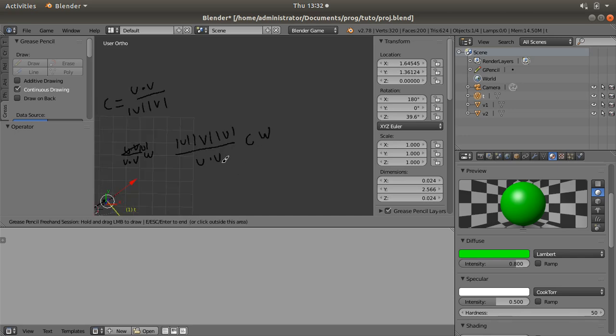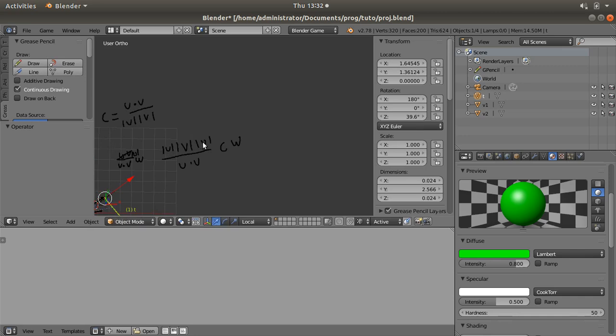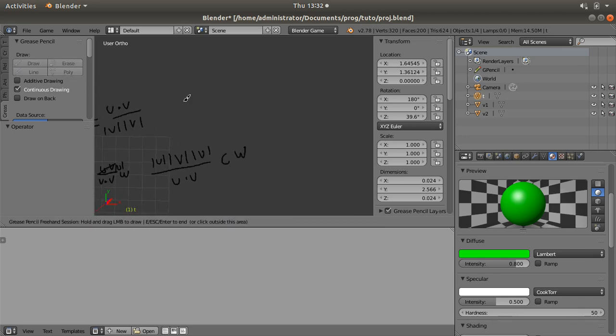So now I can simplify. Mag of u times mag of u is equal to u dot u, and that's because root of u dot u is equal to the mag of u.